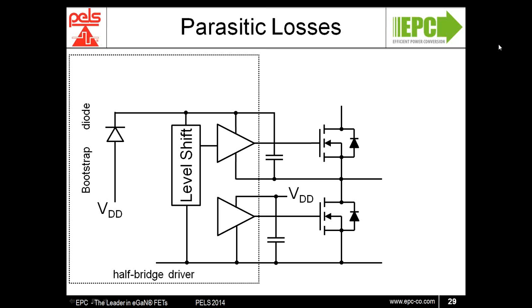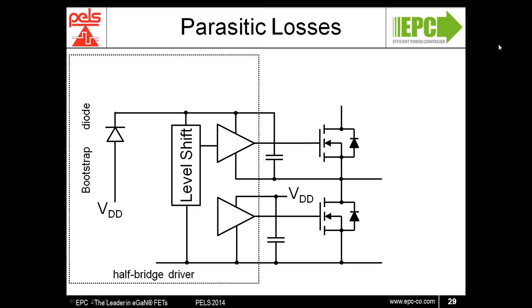This well capacitance manifests itself as parallel to the low side device and adds additional COSS losses. For these small high resistance devices, the well capacitance can actually be very significant.